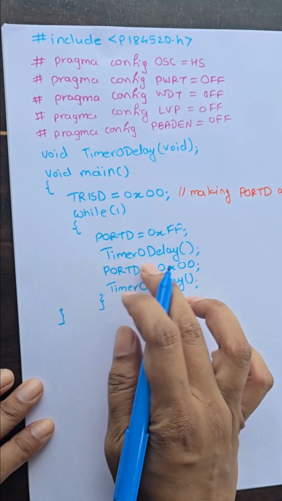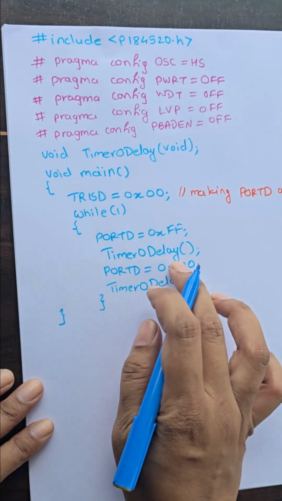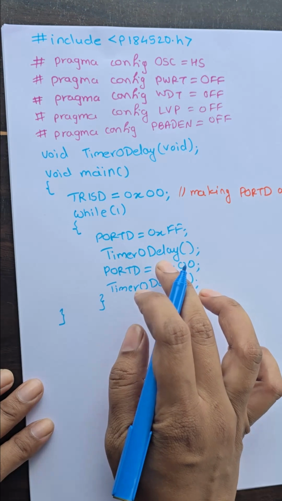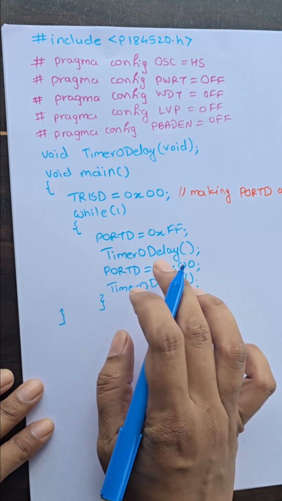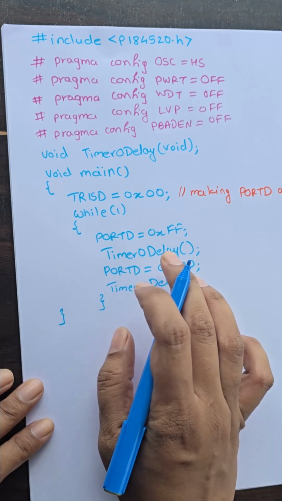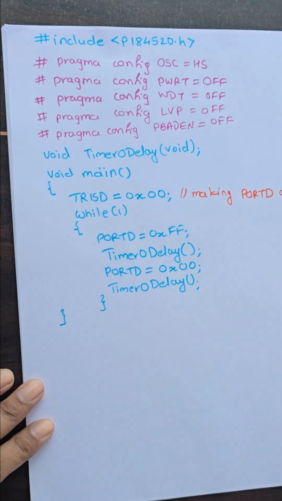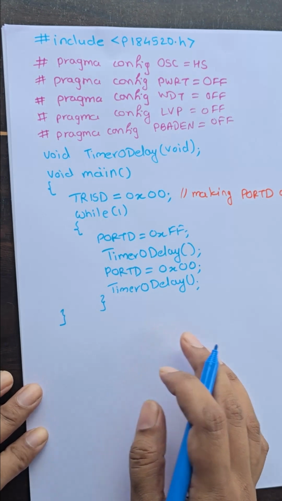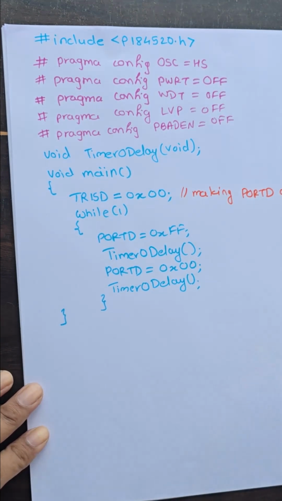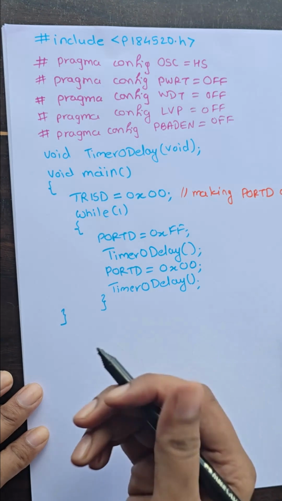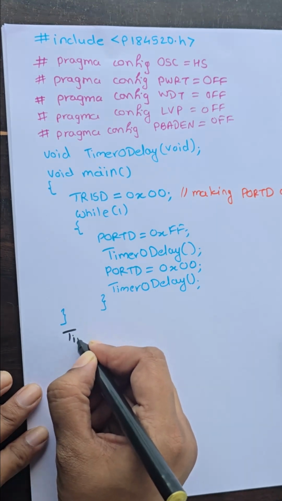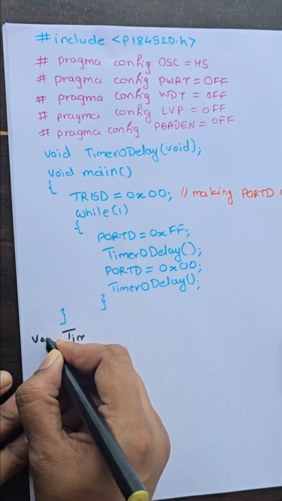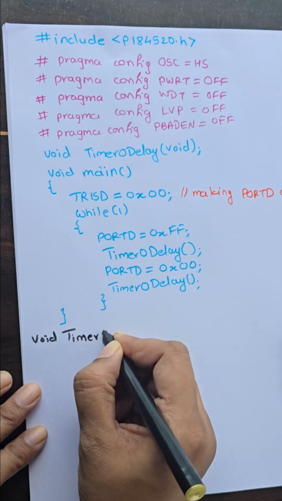Now we have to write the function definition for timer 0 delay. In this function definition, first we will configure the timer by putting the 0x87 value into the T0CON register. So we begin with void timer 0 delay.